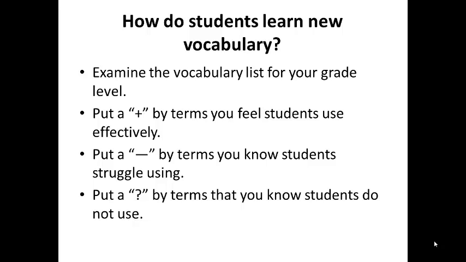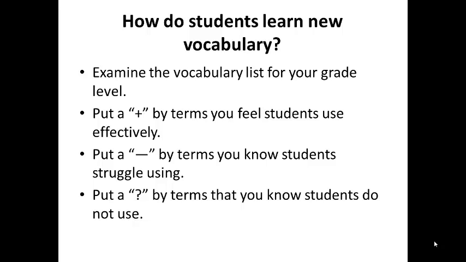But the first thing we want to do is take a current inventory of the vocabulary that we use currently. So take out your vocabulary list for your grade level. I want you to take a few minutes by yourself and put a plus sign by terms that you feel students already use effectively. Put a minus sign by terms that you know students struggle using. And put a question mark by terms that you know students do not use.